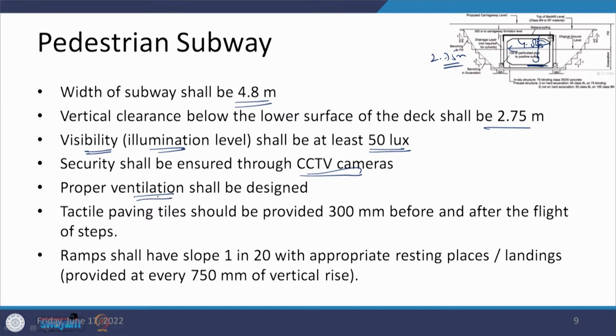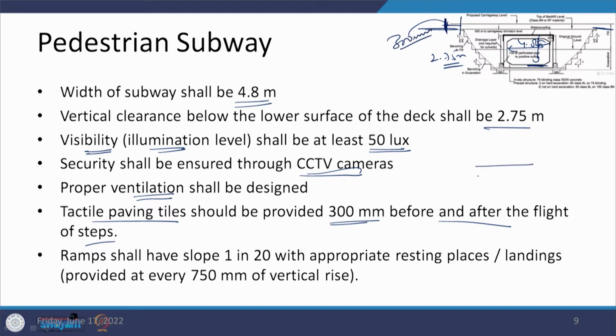Another thing is that because we are going to make it universally accessible, the tactile paving tiles need to be provided, and they have to be there at least 300 mm before and after the flight of the steps. That means, when you are at this portion, before it starts, at this location, this is 300 mm, these tiles are going to be there.